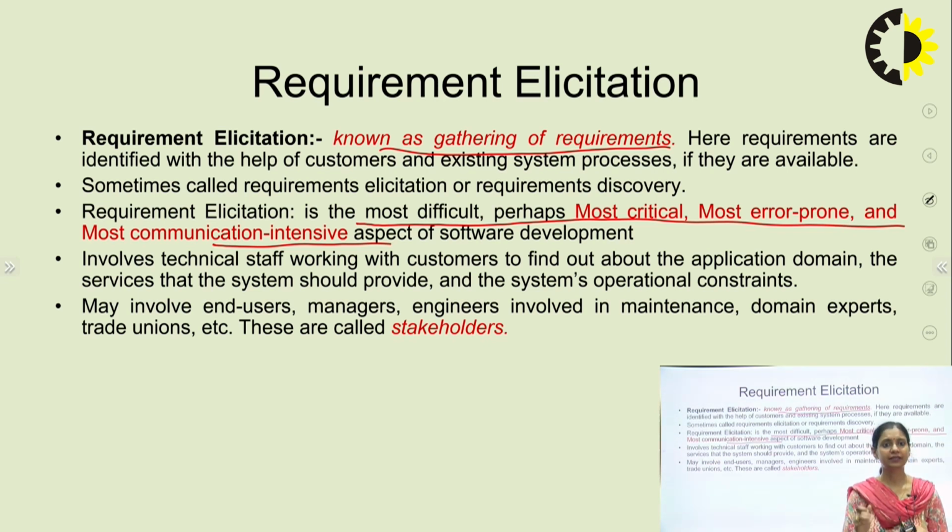So, the better the requirements are gathered and analyzed, the easier it is and it improves the quality of the software. It may involve the end users, managers and the engineers that are involved in the maintenance and many other parts, as software has multiple domains. So, this requirement elicitation includes all those people who are included in the software development process, and those are known as the stakeholders.